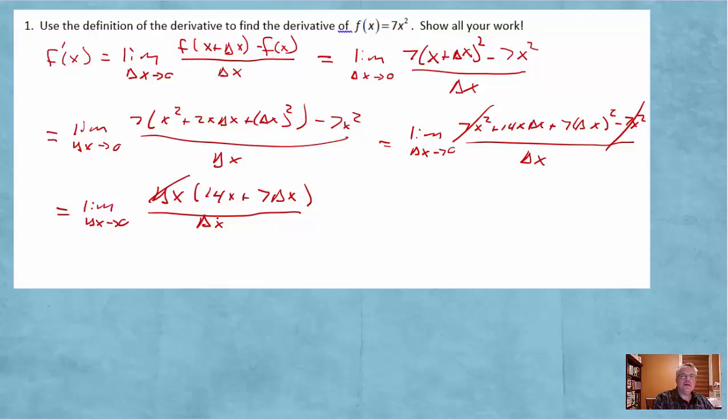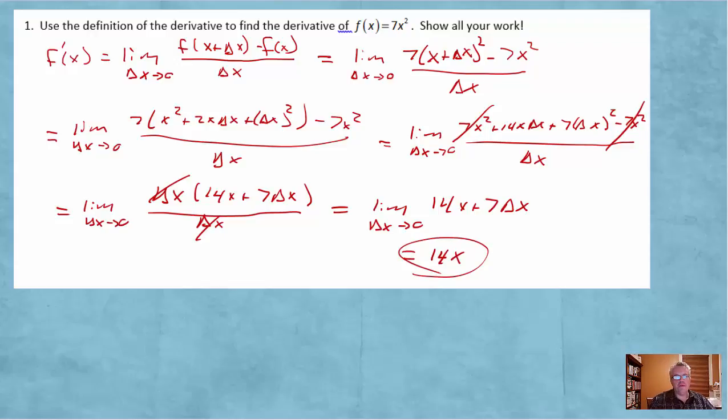Delta x's cancel, and we're getting close. We got the limit as delta x goes to 0 of 14x plus 7 delta x. As delta x goes to 0, this goes to 0, and we're just left with 14x, which is what we're supposed to end up with. Okay, so that's the formula for the derivative. Wow. Alright, that's probably the hardest part right there.